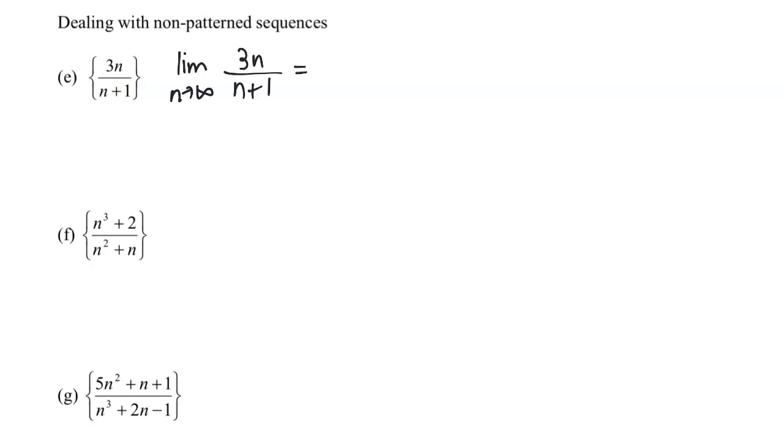And so using our acronym Bobo-Botten Eats DC, this would fall into the Eats DC category, which would give me a limit of 3. And so because that limit is finite, meaning not infinite, we are going to say that this sequence converges, and more specifically, it converges to 3.